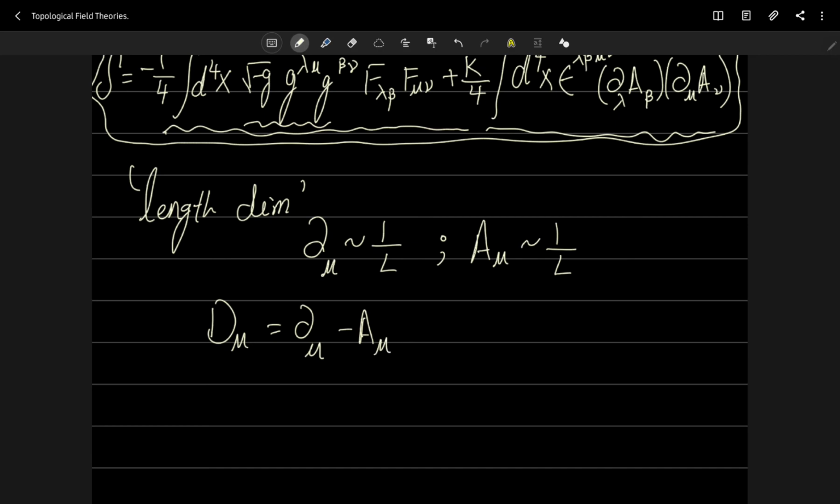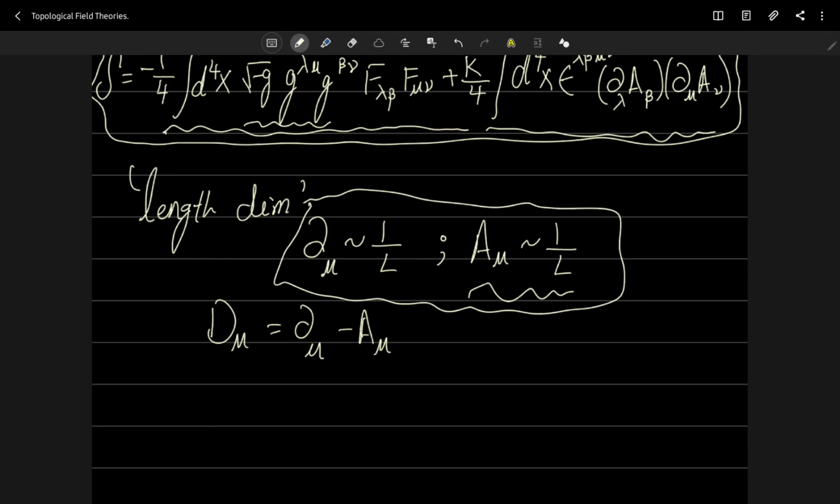You can only add or subtract terms with the same dimensions. And so that would imply that this also has 1 over L dimensions.